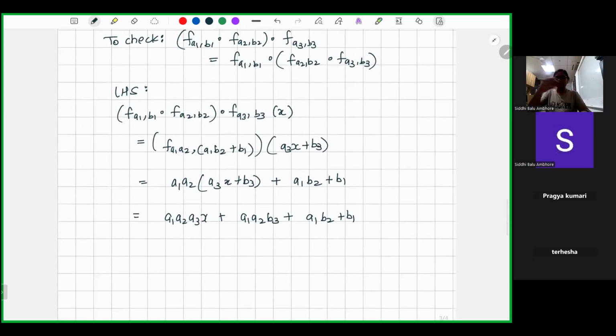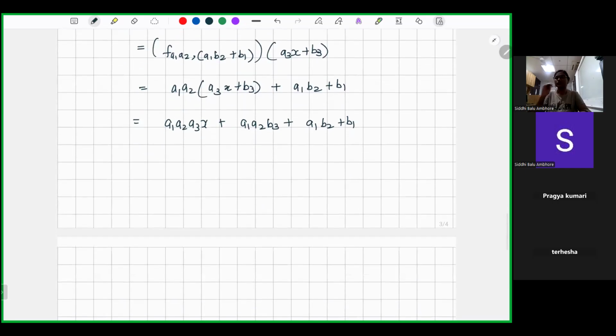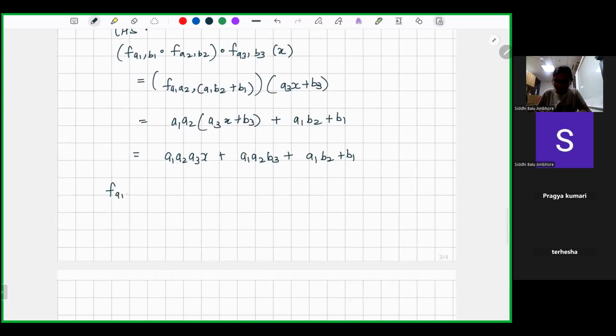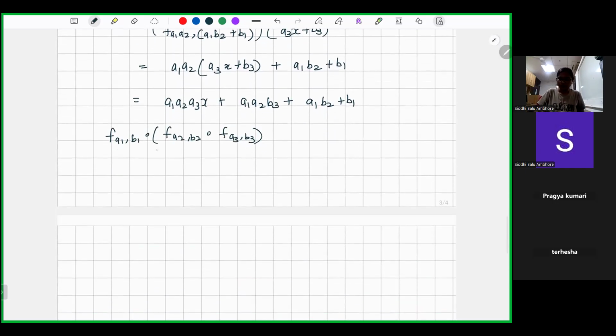Now I have to check the other side, whether this expression is equal to this or not. So let us calculate that one: f_{a1,b1} composed with the composition of f_{a2,b2} and f_{a3,b3}, applied on x.